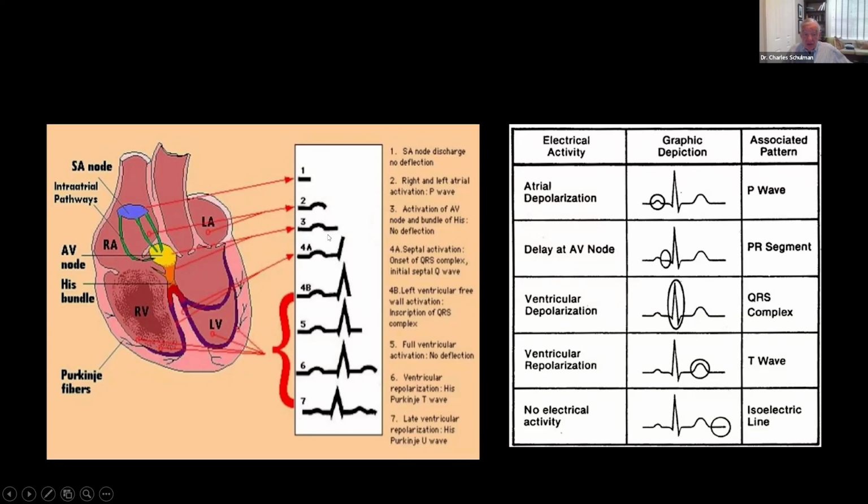So this is the AV node right here. And then the QRS represents the His-Purkinje system. The ST segment and T wave are repolarization, and the electrical wave then goes back to the isoelectric baseline. So we have P, QRS, T.